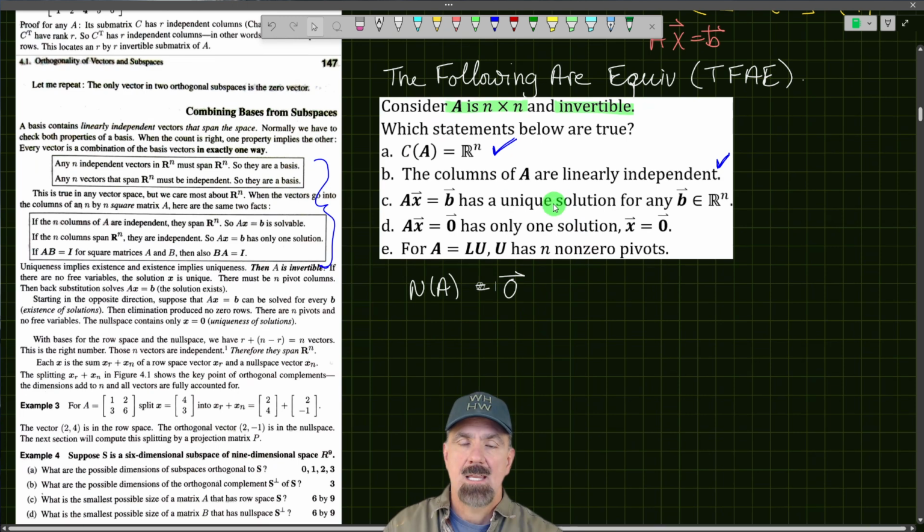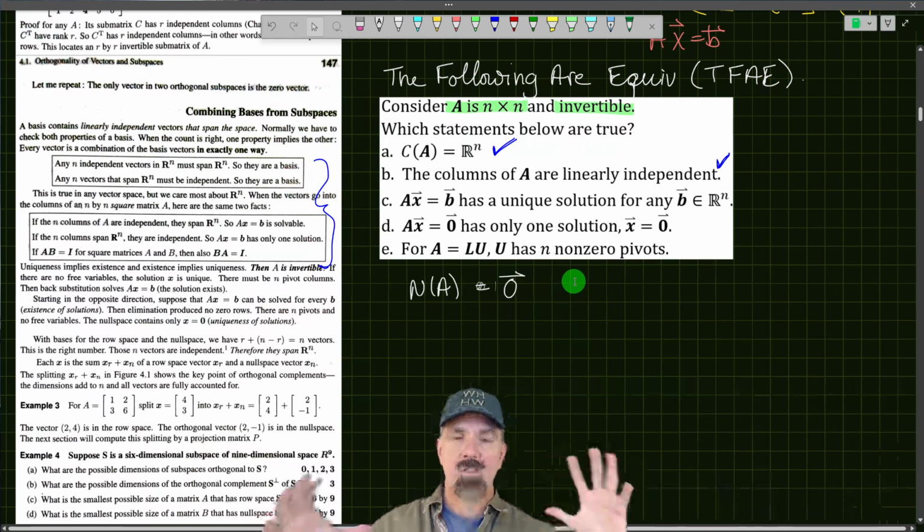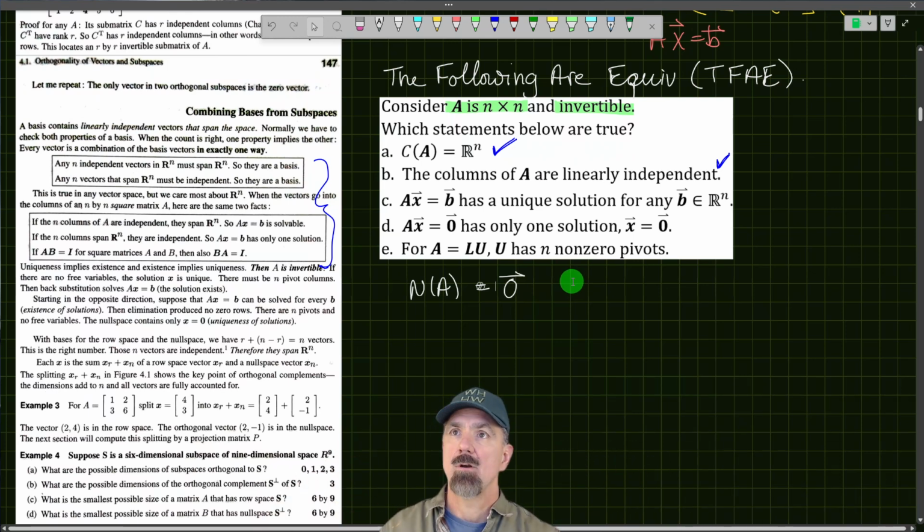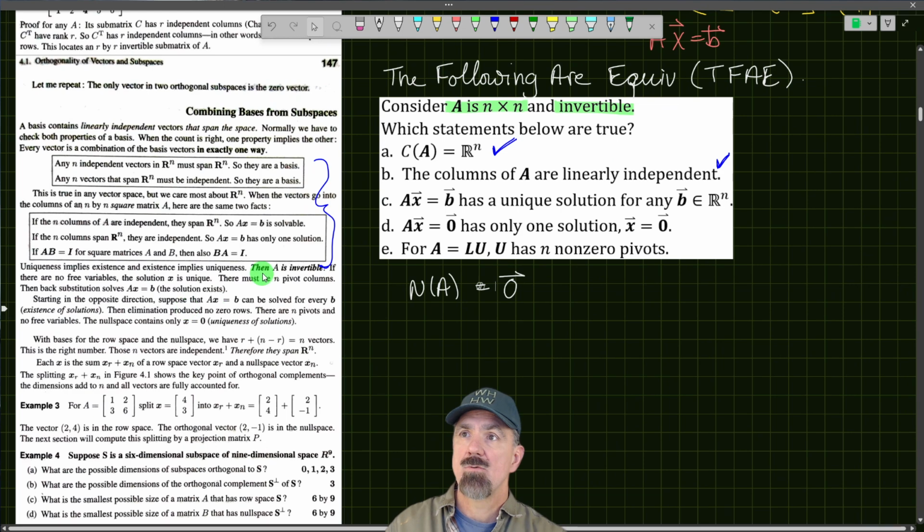This is something that is fundamental to understanding linear algebra and how all the different things that we've been talking about tie together. You want to make sure to read through this probably a couple of times, take some notes, and make sure you have this down.